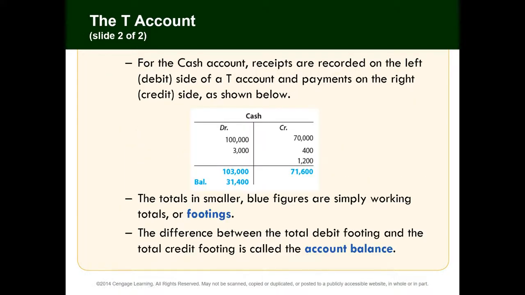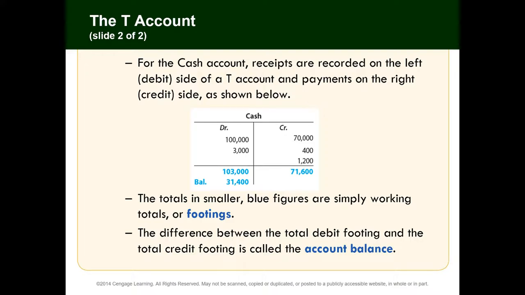As you can see, the left side is the debit side, and the right side is the credit side. Left side debit, right side credit. It looks like the cash has five transactions. It has 100,000 and 3,000 on the left side, and these are on the right side. The left side totals 103,000. The right side totals 71,600. Which one is larger? The left side, which is the debit side.